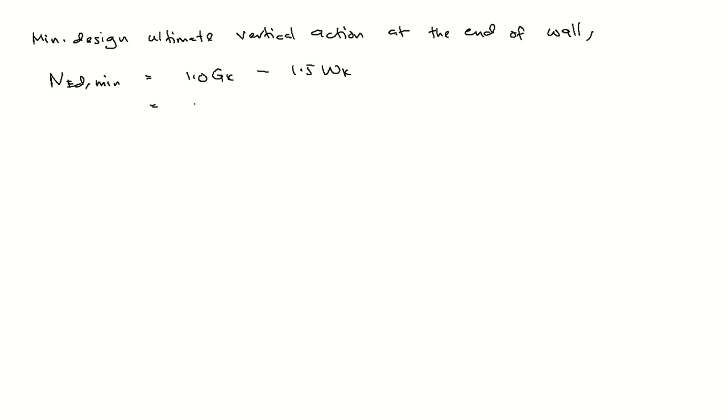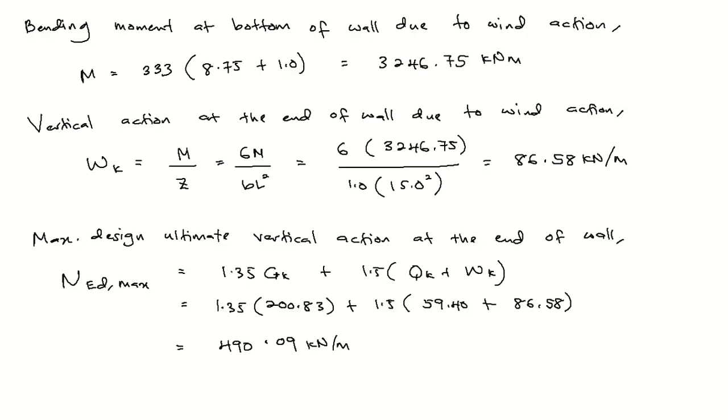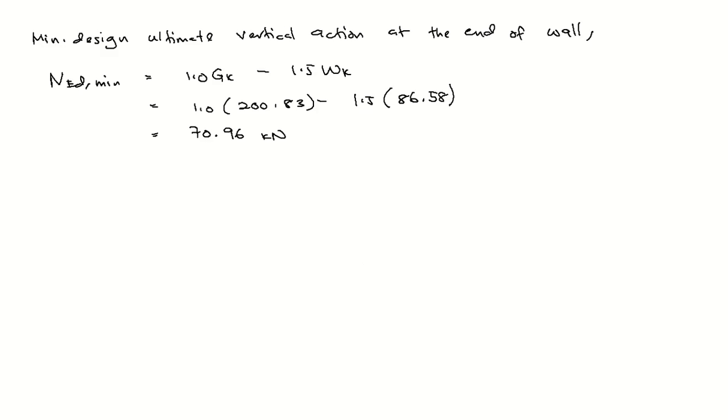Okay, so 1.0 GK is 200.83 minus 1.5 WK is 86.58 just now, and equals to 70.96 kilonewton. Did I put the unit just now? Kilonewton per meter. Okay, kilonewton per meter.